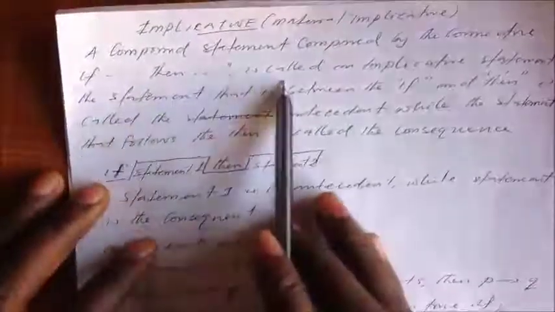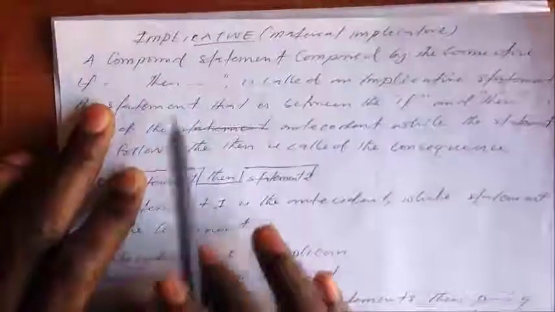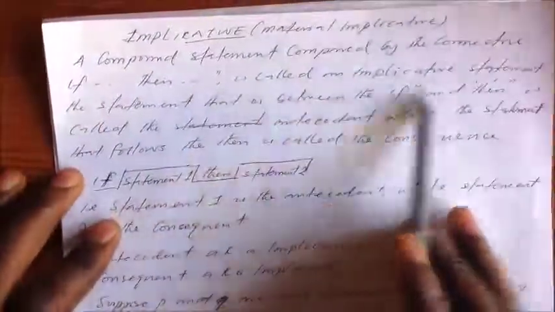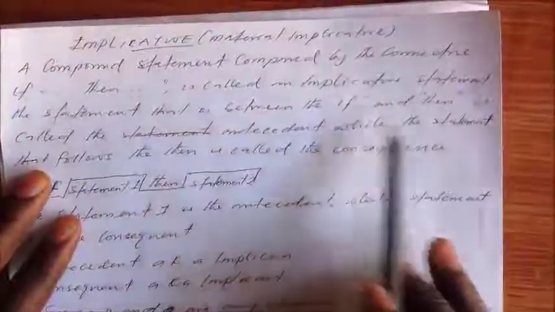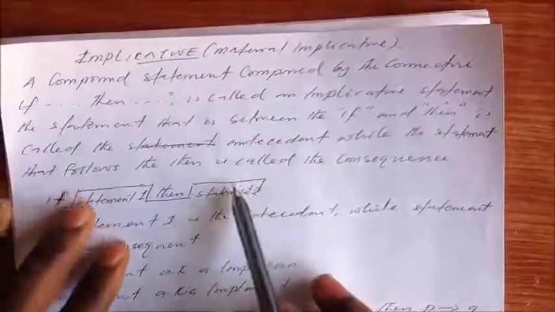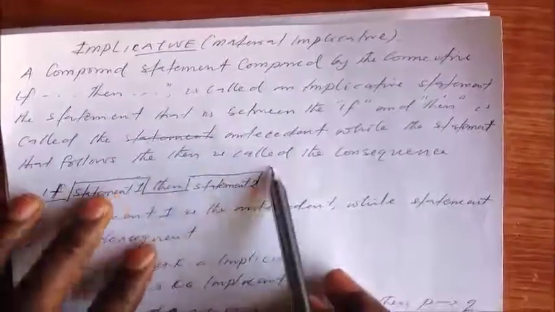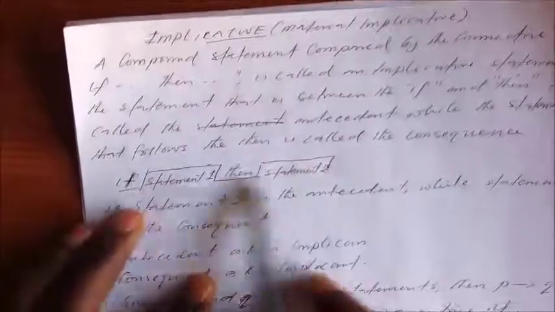A compound statement formed by the connectives if and then is called an implicative statement. The statement between if and then is called the antecedent, while the statement following the then is called the subsequent. Let me show you a diagram here.